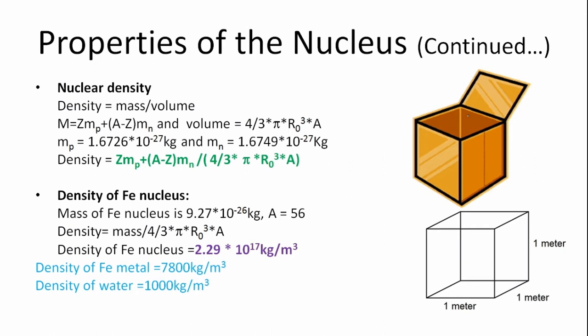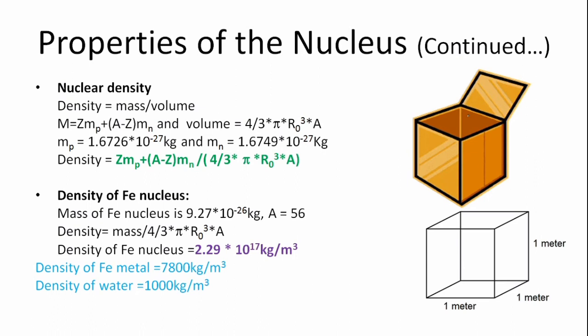Now let us substitute these values in the density expression. Density is mass by volume. Since we have easily got the mass of the iron nucleus, we need not calculate it from the proton number multiplied by the proton mass and the neutron number multiplied by the neutron mass.